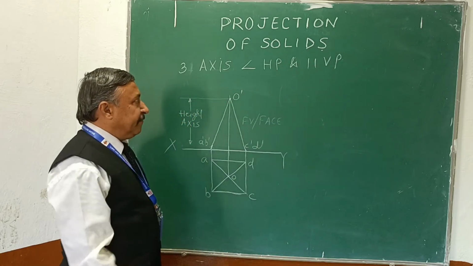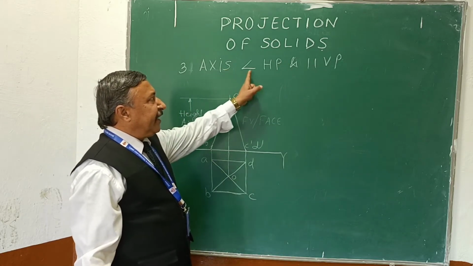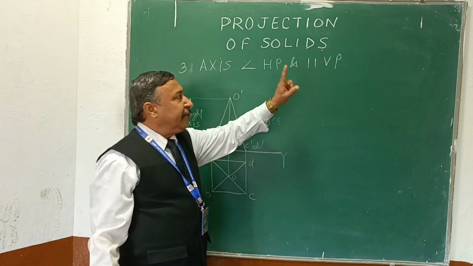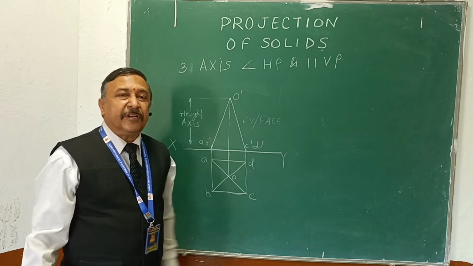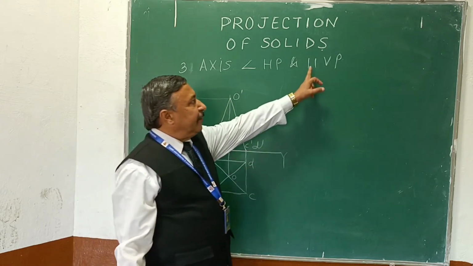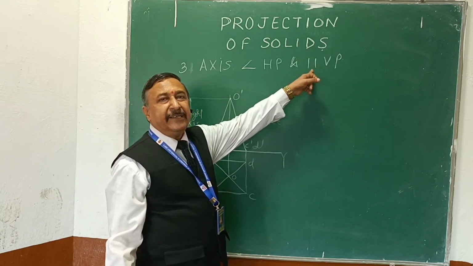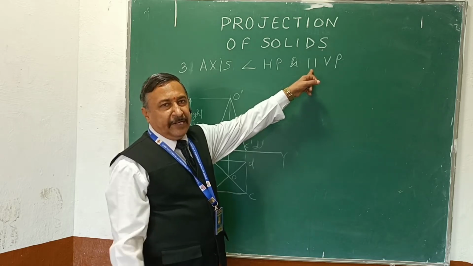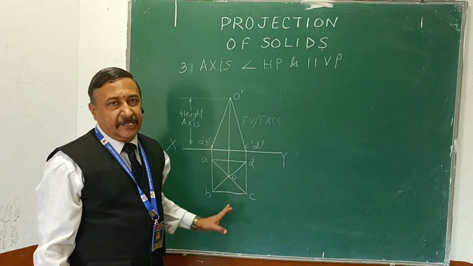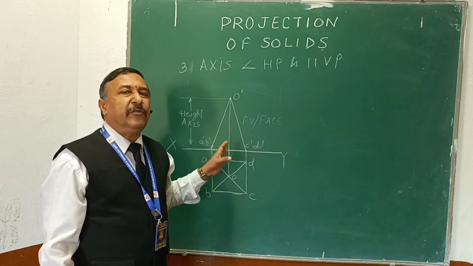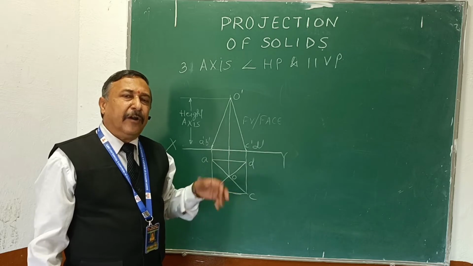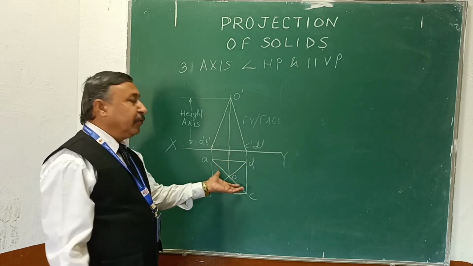Now see here, axis inclined to HP and parallel to VP. And you know that in the position of straight lines, one parallelness is compulsory or important to start the question, because first we have to draw either the true length or true shape or true base.